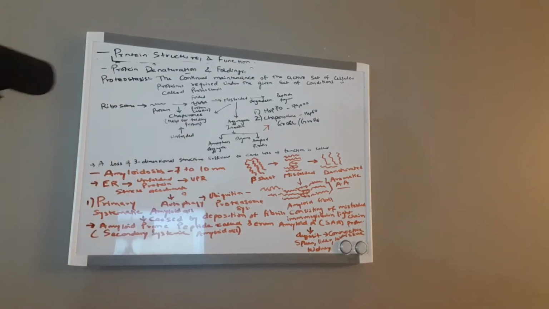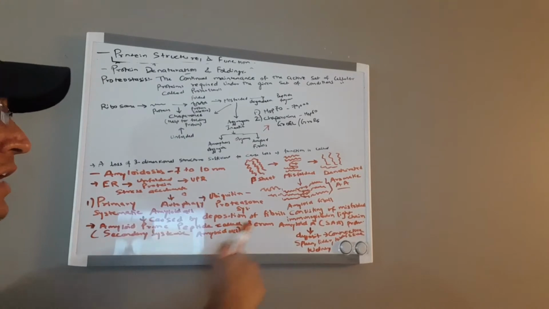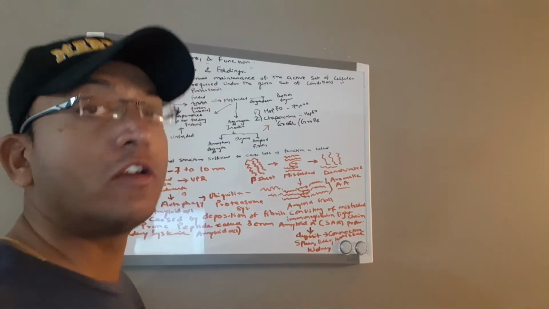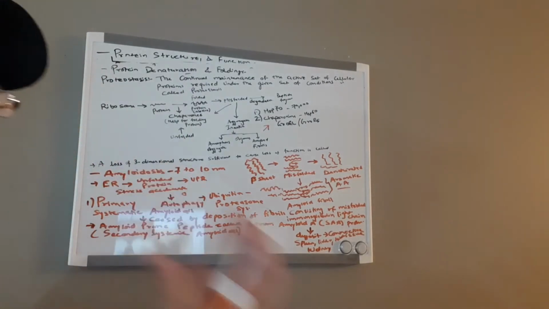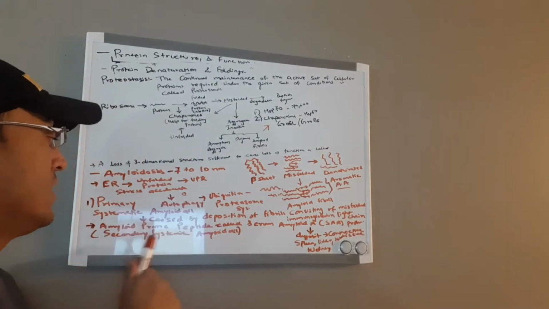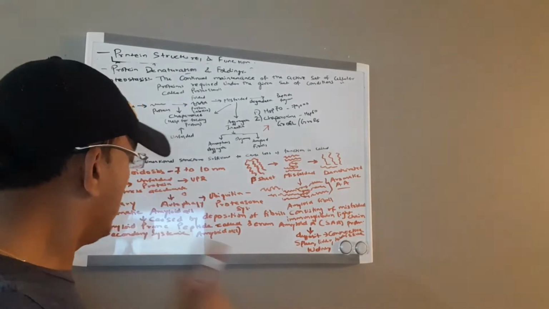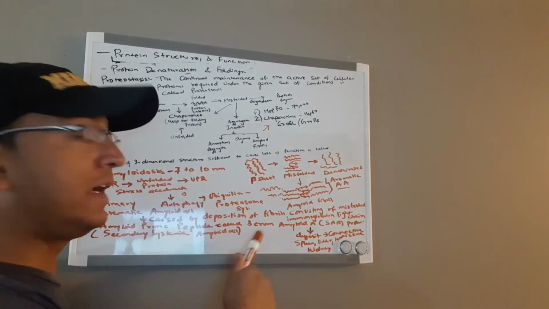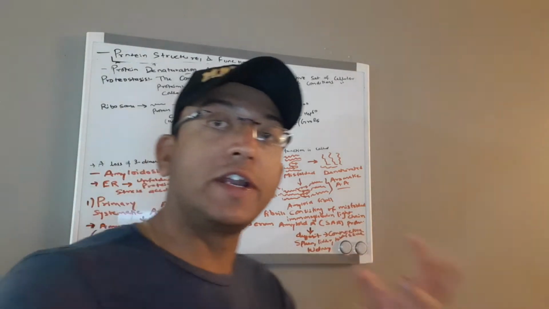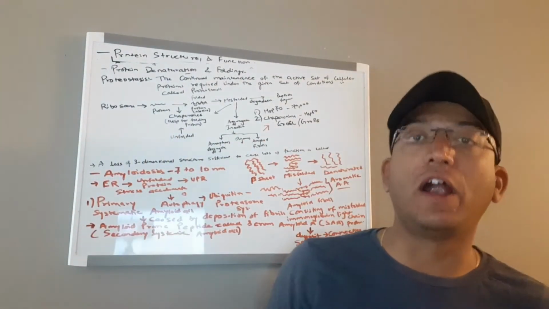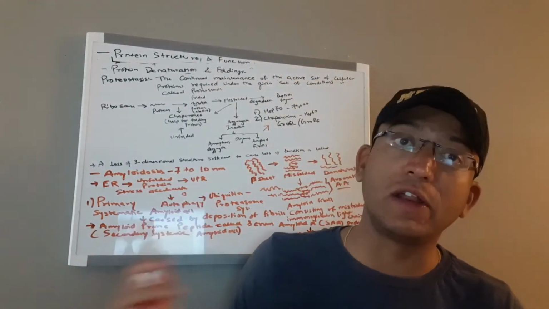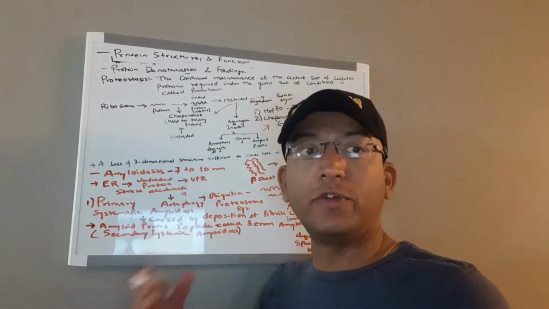The primary has fibrils of misfolded immunoglobulin light chain or fragments of it from proteolytic degradation. For the secondary systemic amyloidosis, they have this prone peptide, serum amyloid A or SAA protein, which is deposited in the connective tissues of the heart, kidney, and liver. The disease is generally fatal and people may die within a few years.